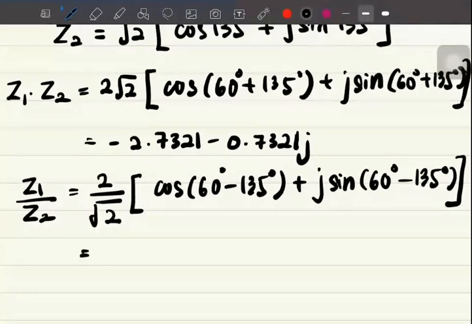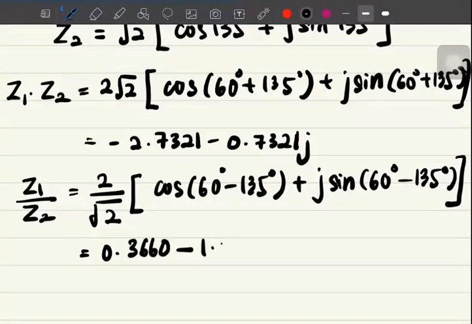So you should get your answer is equals to 0.3660 minus 1.3660 J. So basically we use this theorem when we want to find the product or the quotient of two complex numbers, such that the complex numbers are in polar form.